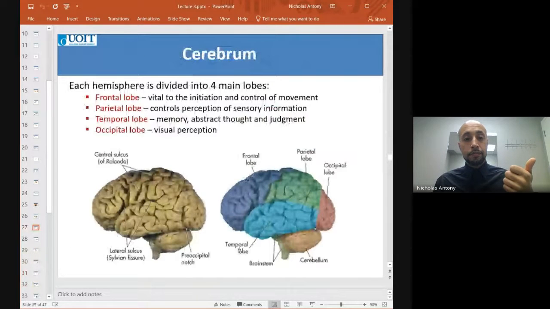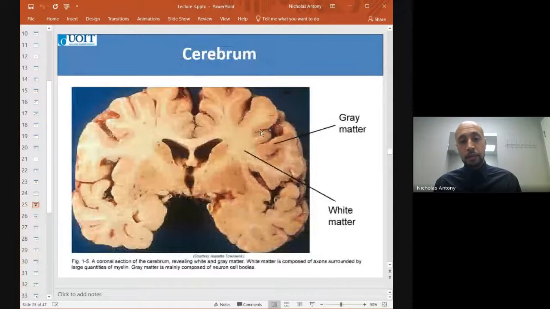Remember this slide? See right here, everyone? So let's say this is the primary motor cortex, and these are all the wires that are going out to the spinal cord. See how they all have to go through both sides here? This is the basal ganglia.